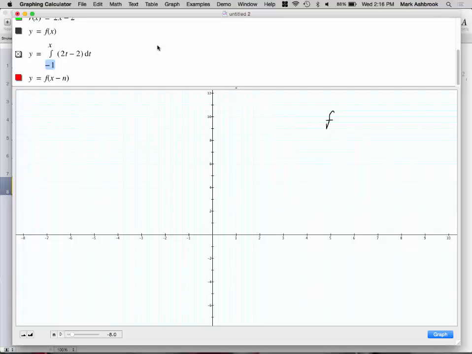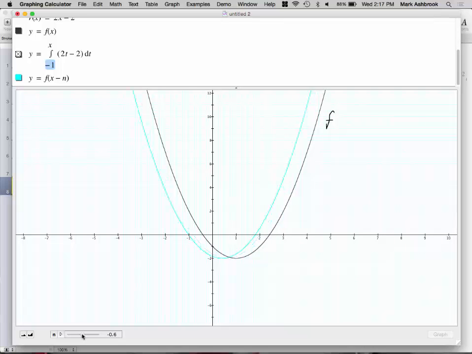Okay, so here's f. If it starts at -1, is this what it's going to be when I turn on y equals the integral from -1? It's going to be the same graph, but it's going to start accumulating at -1 instead of something else.